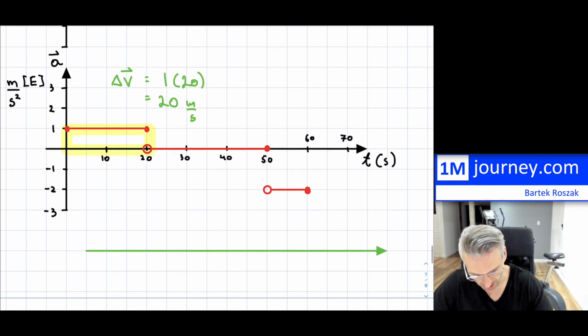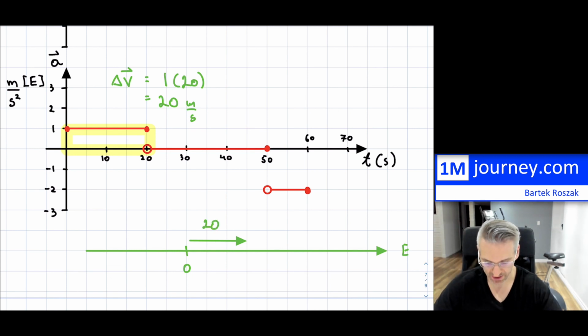So if this is east, now I'm talking about velocity. It looks like I started from 0, so let's assume 0 was over here. Then this change means I would shift in this direction, and I have shifted it 20 meters per second. So that's the first thing that I have.